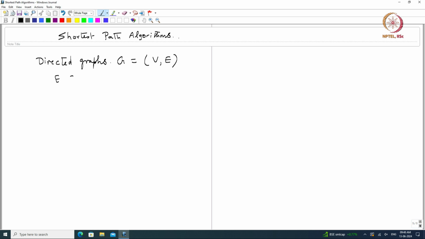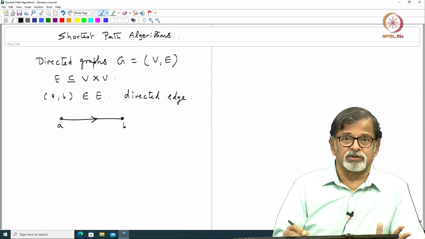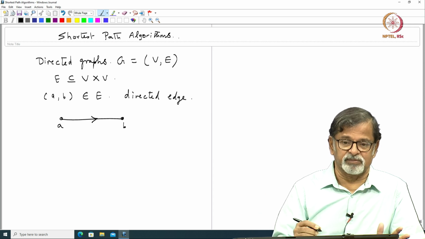E is a subset of V cross V. A typical element AB belonging to E is called a directed edge, and it is denoted by marking two vertices A and B, these are end vertices, and drawing an arrowhead so that it indicates the direction.